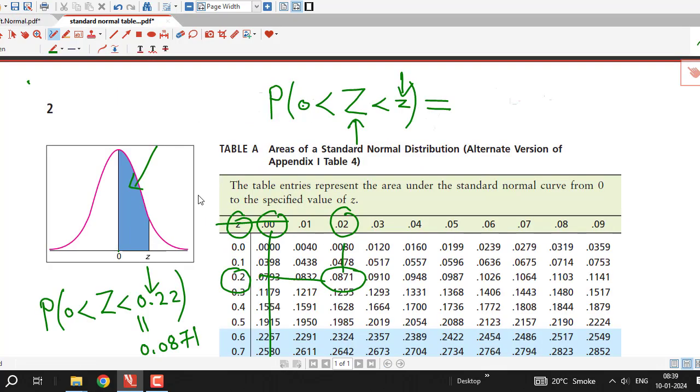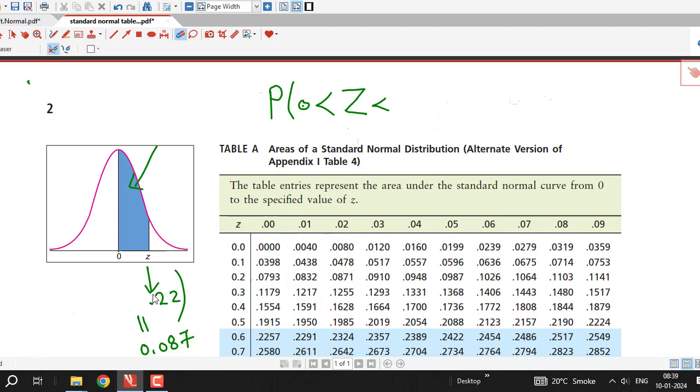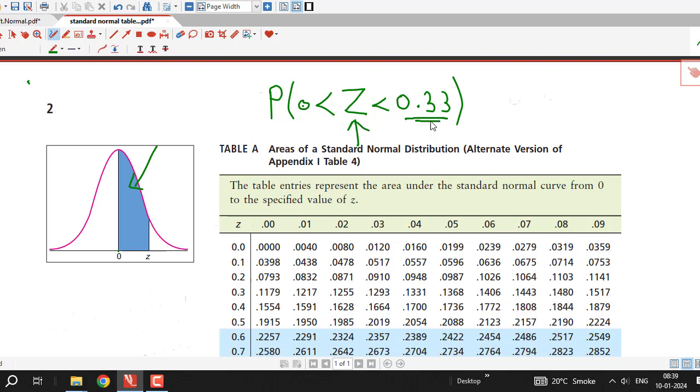For example, suppose I am interested in the area where Z lies between 0 and 0.33, so let's try to cross verify. I am interested in the probability that capital Z lies between 0 and 0.33.